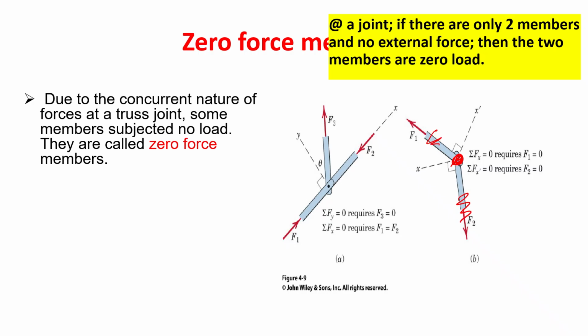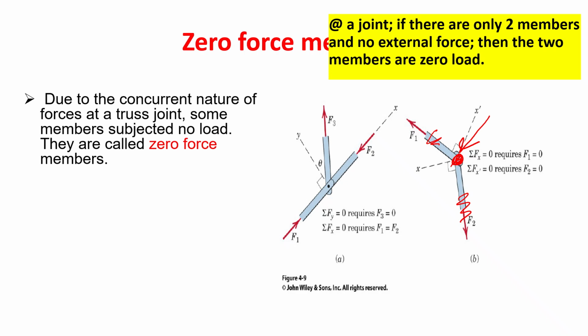There should be a support for that, but if there's no support or no external force applied here, when you have the truss, you can look at every joint and see if you have any joint with 2 members only without an external force, then the 2 members are 0 load.